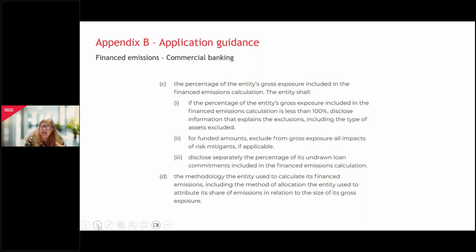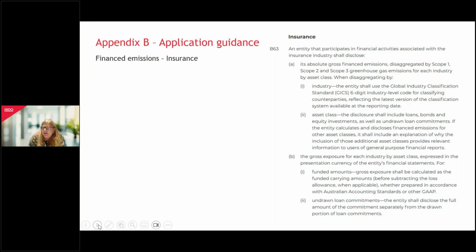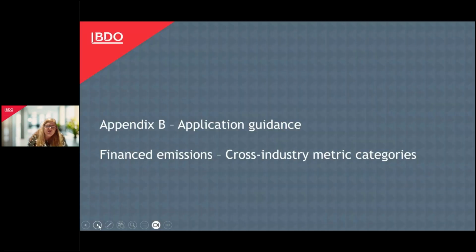So you can see for most of our clients, this is important to know because banks will need this information for mandatory reporting, and you want to sit in the right bucket here. There's also financed emissions information around insurance and information that they will need to capture. And I'll leave it there for those insurance clients online that can look at that. But again, if you're applying for insurance, this is the information that they have to disclose, and they will ask you for supporting information.